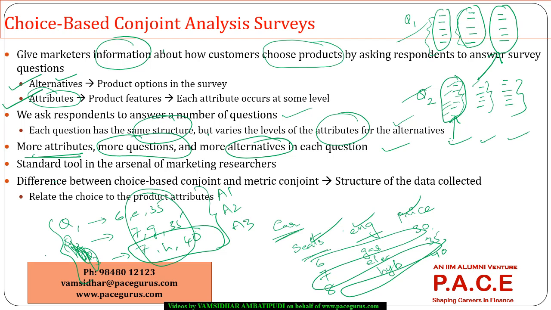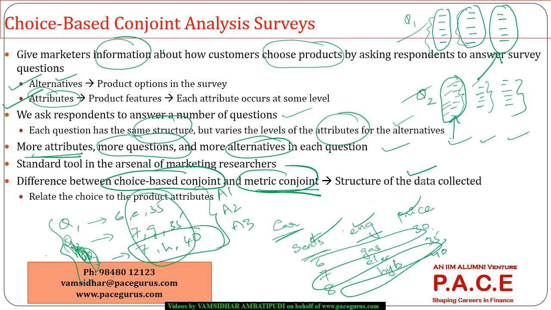Today, for understanding the various features of a product, choice-based conjoint analysis is one of the best and most heavily used tools in the world of marketing. Earlier I talked about the metrics-based or ratings-based conjoint analysis. Now I am talking about choice-based conjoint analysis.